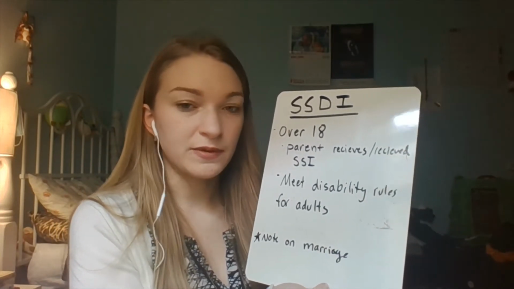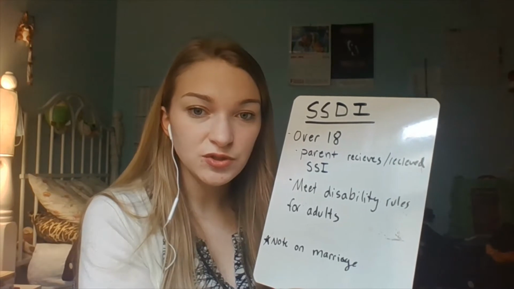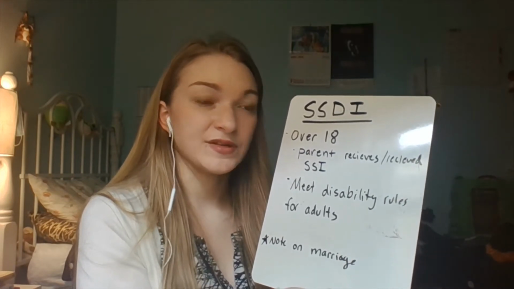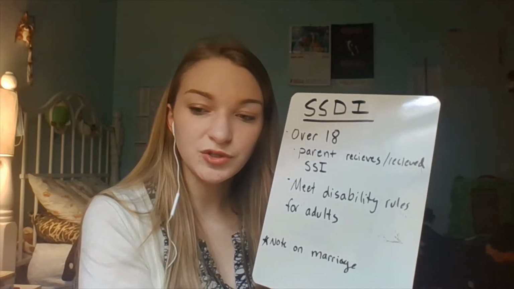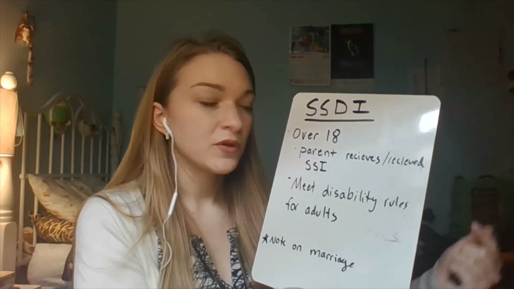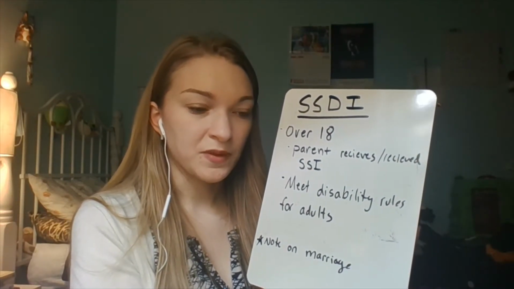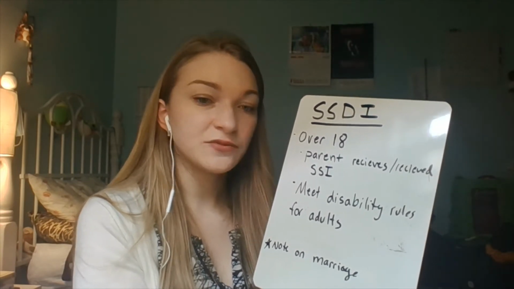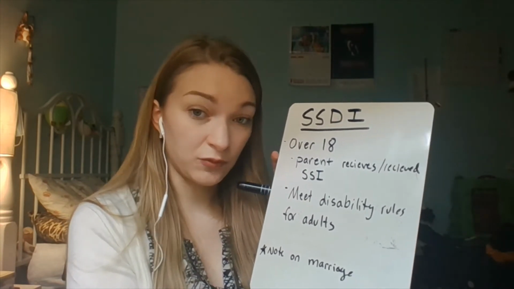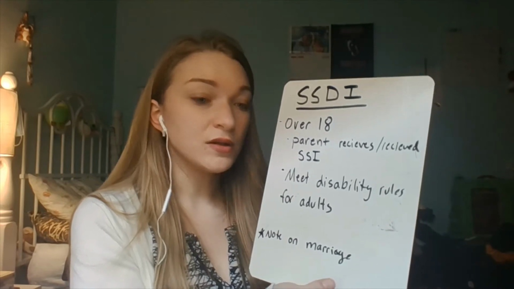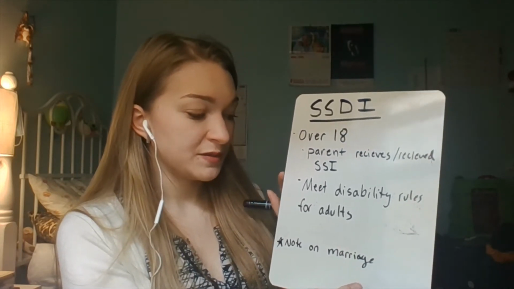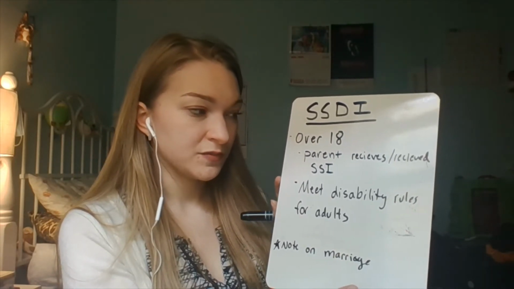That means they may be over 65 receiving Social Security, they may have a disability and are receiving Social Security, or when I say received, that means that they may be deceased, but they did receive SSI when they were alive. Also, they have to meet the disability rules for adults.